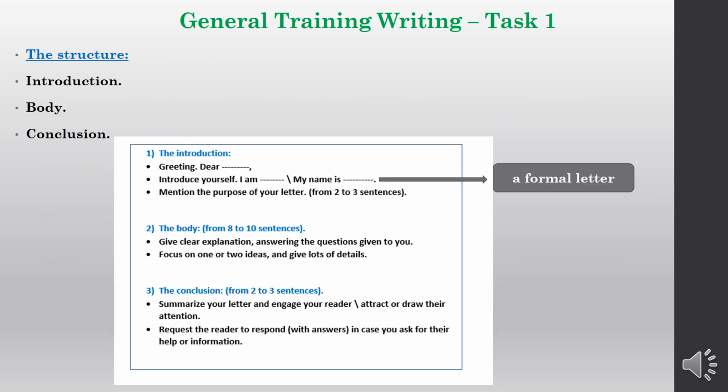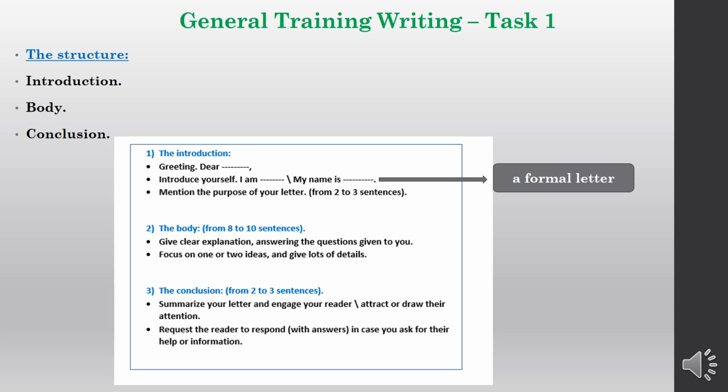Moving on to the structure of a letter, which consists of 3 main points: the introduction, the body, and the conclusion. Let's get started with the first point, which is the introduction. And in the introduction, you have 3 things to do. Number 1, start greeting the recipient using the word dear and then mention the name of the recipient.